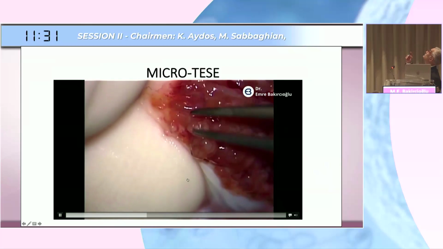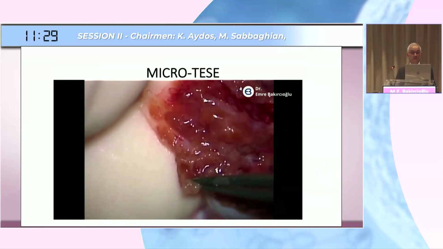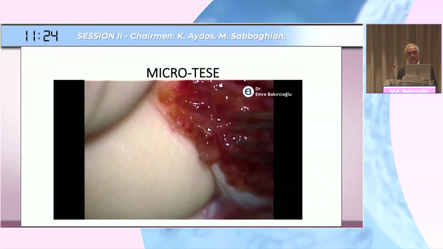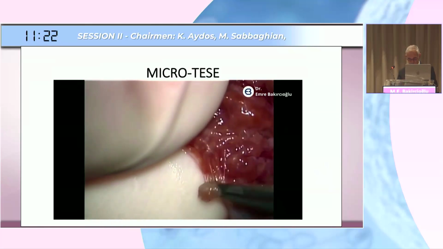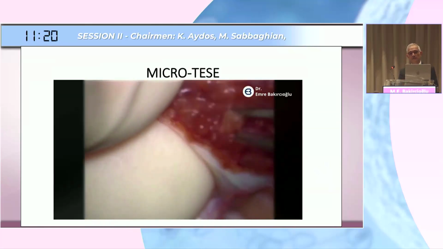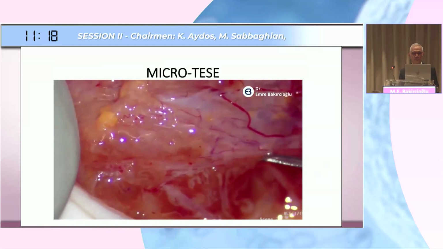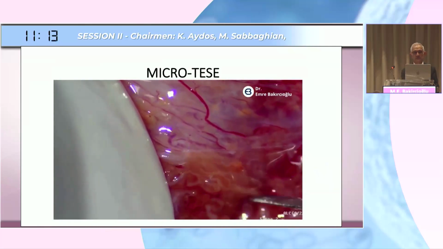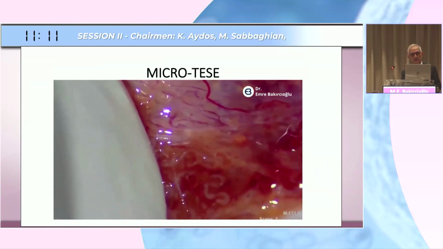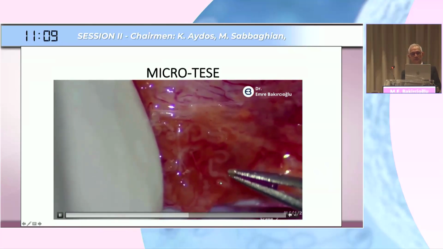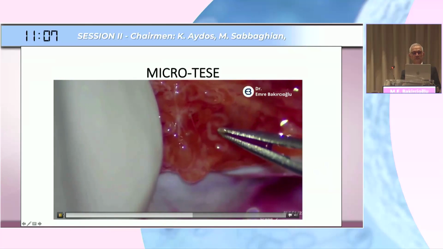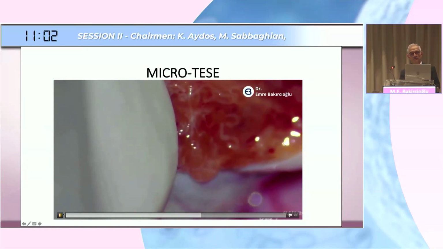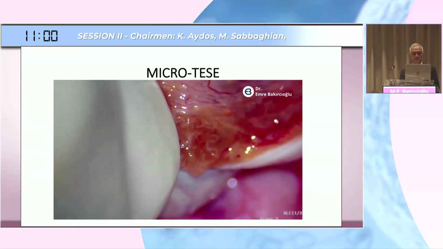As you see the tubules here, maybe it's clear with the vision. We got very, very small, millimetric pieces. Without the magnification, it's impossible to see these very small areas. As you see here, there is another enlarged tubule, and we go to low magnification and we see all the area, which is impossible to see without magnification.